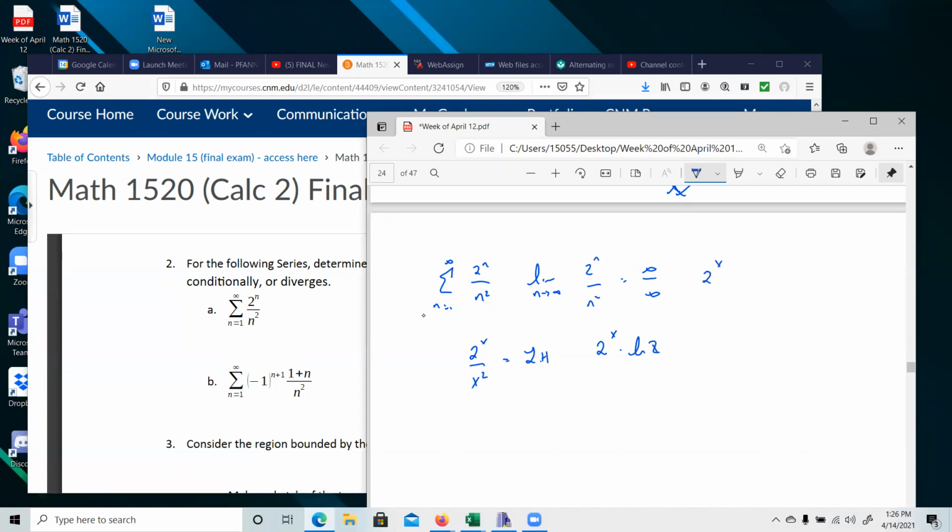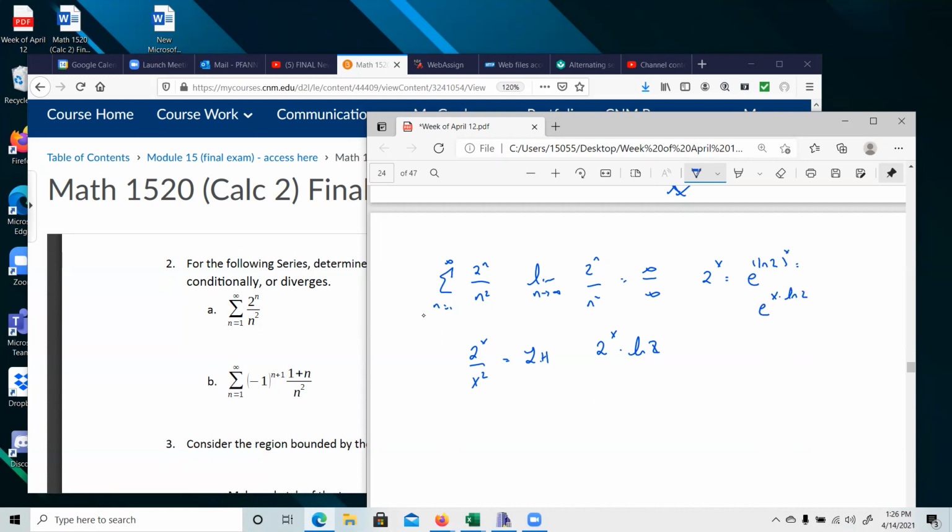The proof for that, or demonstration I should say, is that e to the ln of 2 is equal to 2, raised to the x, and then we just multiply that. So that's e to the x times ln 2.